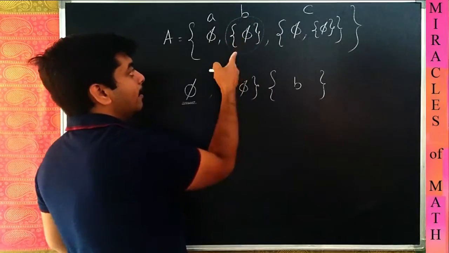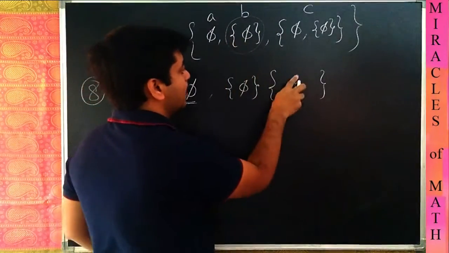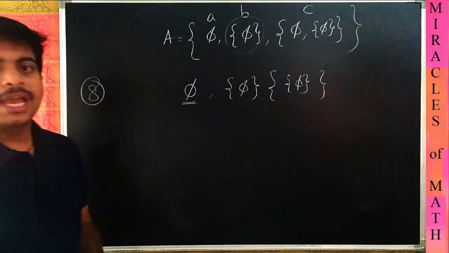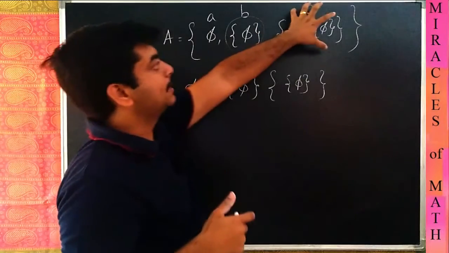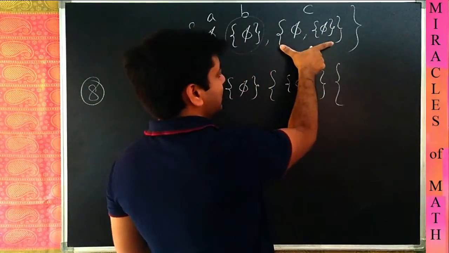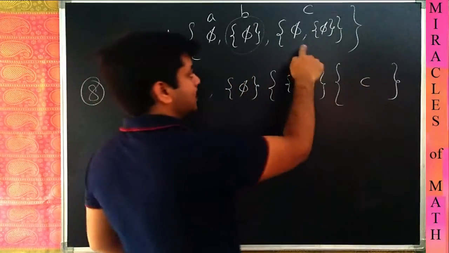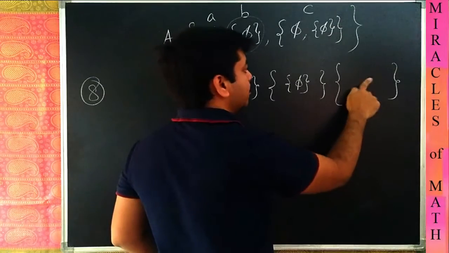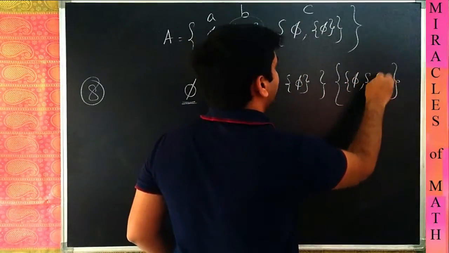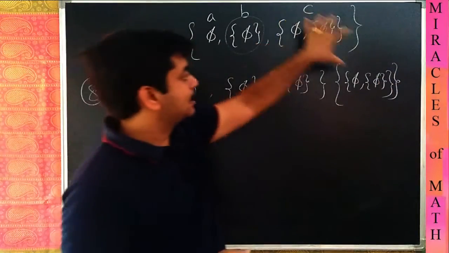You need to write it along with the brackets in place of B, so B will be replaced with {5}. Selecting only C means this complete thing, set of C. In place of C, you need to write all this. Carefully observe the brackets, don't forget any bracket: {5, {5}}. This complete set C came here.